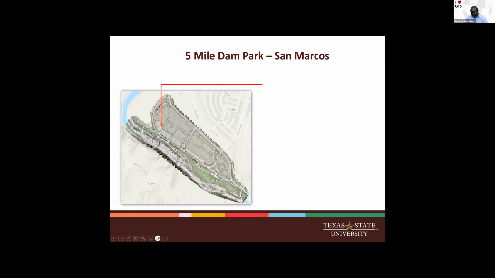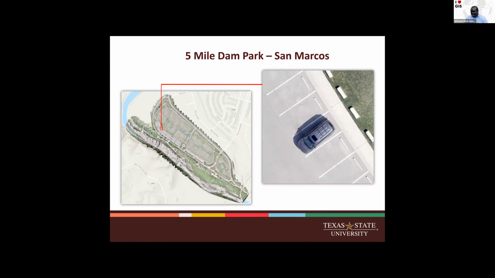I'm not sure if any of you knows where it is. It's actually closer to where I live. At the 5 Mile Dam area, the Blanco River runs right by it, and it's got some really nice soccer pitches. So we went in there. This is the entire map of it, but just to show you the level of detail.